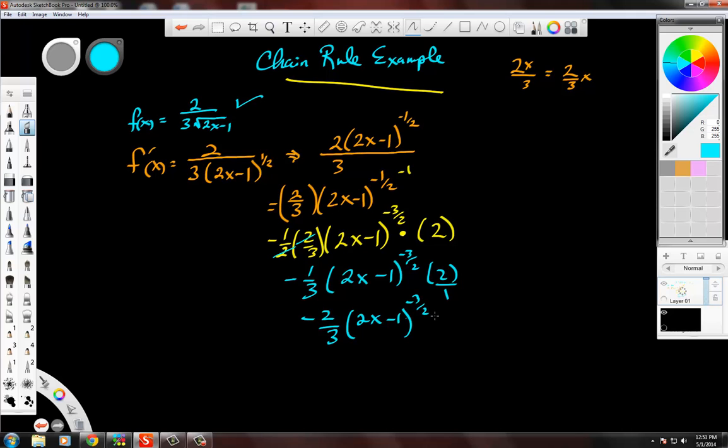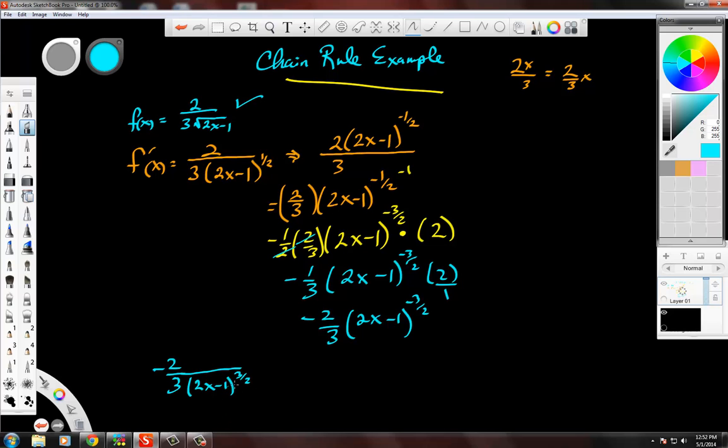And this is a negative exponent, so that thing needs taken back down to the denominator spot. And so we're going to write this as, I'm going to start over here so I got a little bit more room, negative 2, let me extend that just a little bit. There we go. And on the bottom, I'm going to have 2x minus 1 to the positive 3/2.